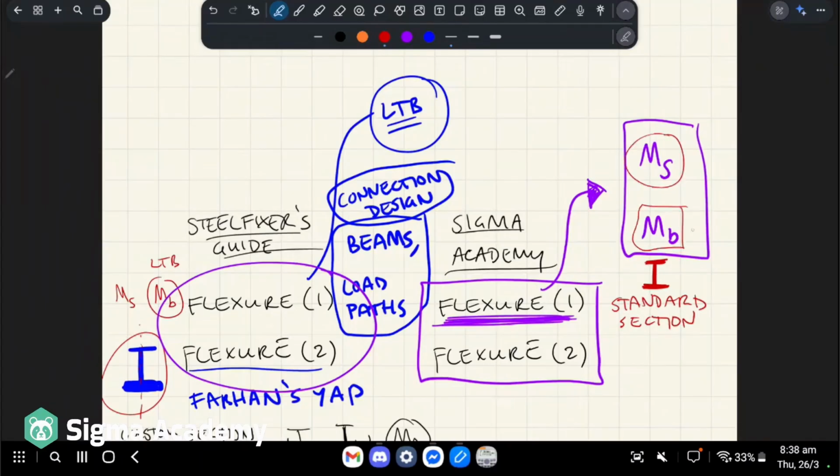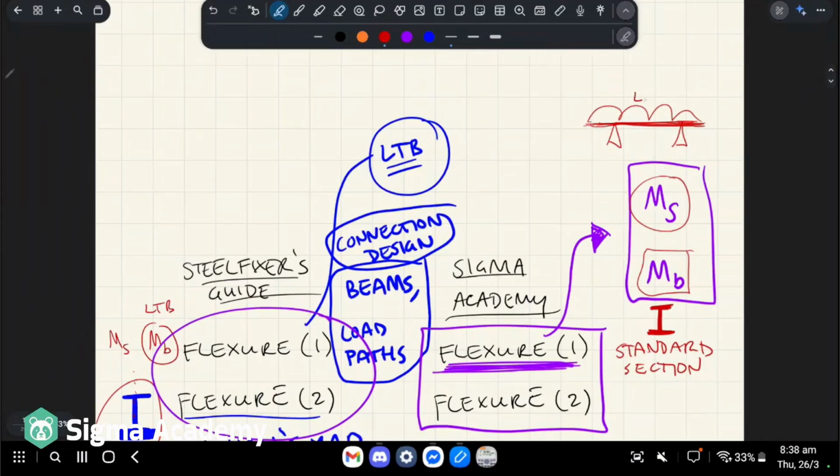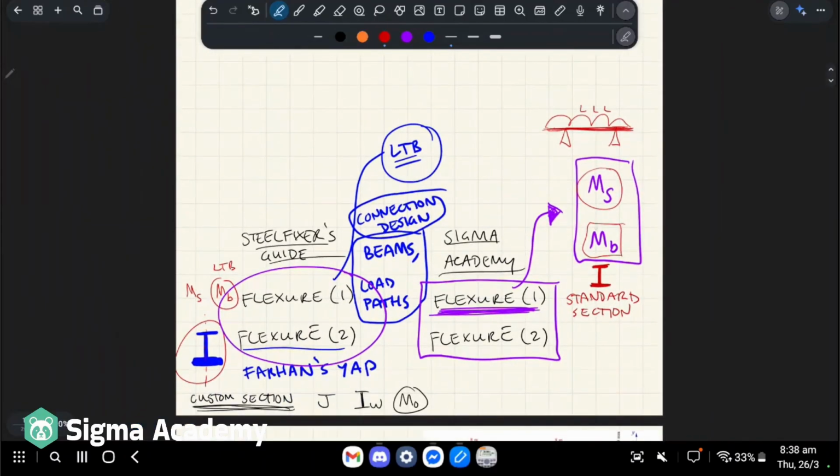In order to find the beam capacity, you're given some information about the loading conditions and what your beam's geometry looks like. I don't remember exactly what it was in that video, but you need all that, and you need the restraints, like lateral restraints and stuff like that, in order to work out the beam capacity.